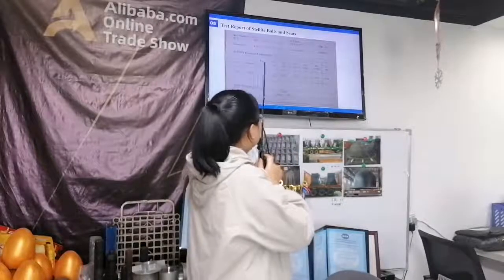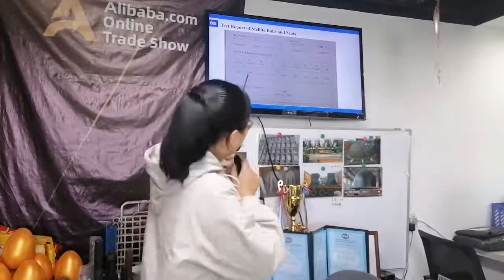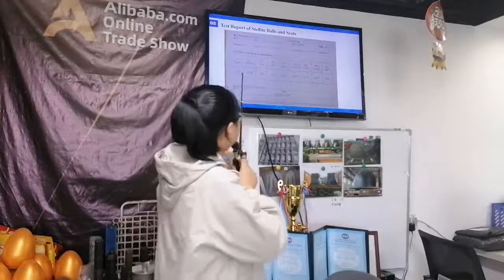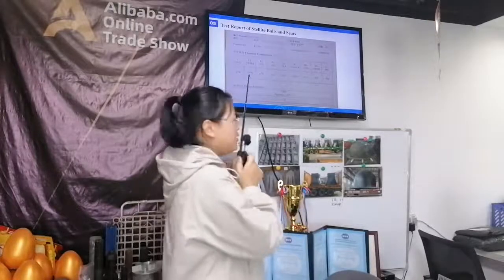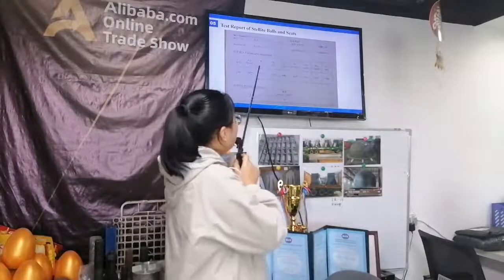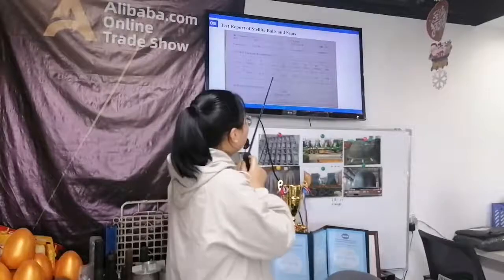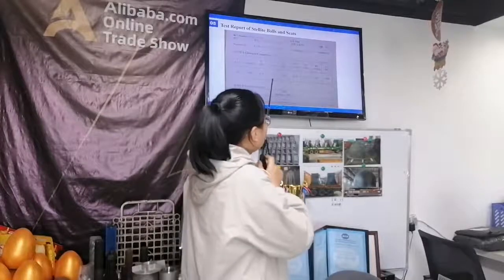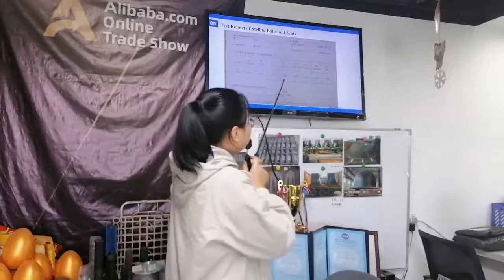Chemical composition. For carbon is 2.95. For chromium is 33.79. For iron is 1.7. For nickel is 1.95. For silicon is 0.59.